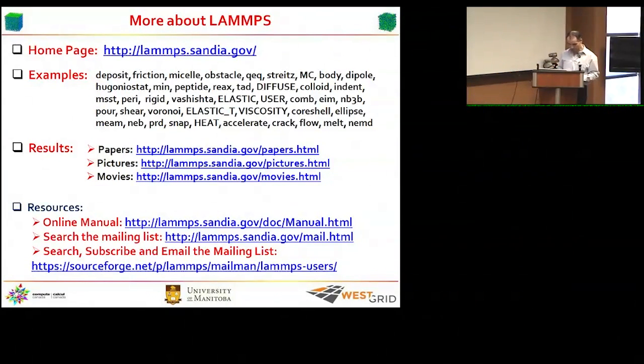To know more, there is also a list of papers published using LAMMPS. There are links to movies and pictures, and on the website you can even find some input files that people published there. You can always use the online manual, and also subscribe to the mailing list.